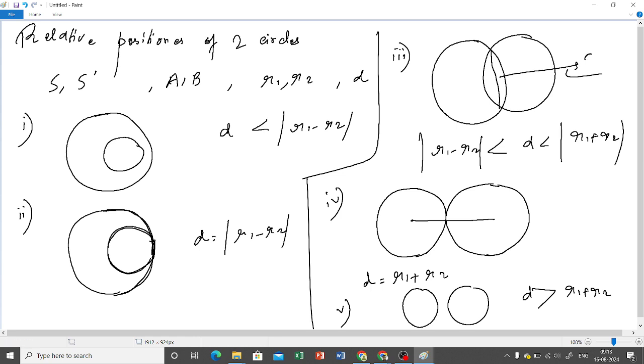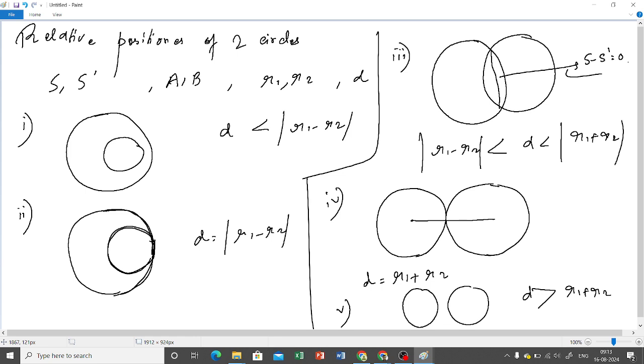The equation of the common chord is given as S minus S dash equals 0.